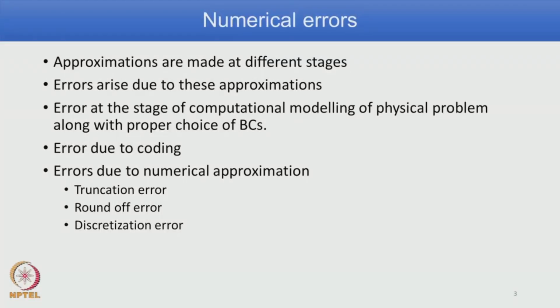One more type of error is due to numerical approximation. There are 3 possibilities. One is truncation error, the other one is round off error, the third one is discretization error. So, we will now focus mainly on the error associated with numerical approximation.